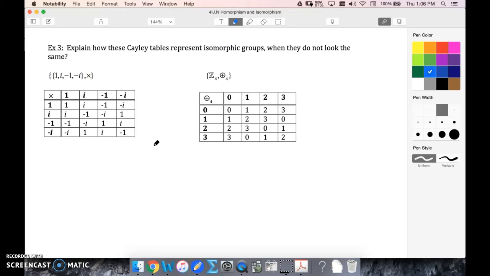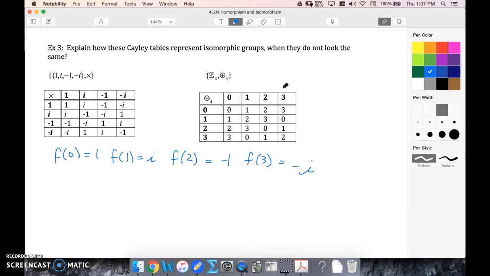I could also talk about the function. I've got to have some sort of function that's going to map these to each other. Yeah? So there is a bijective function. I could first just talk about how f of 0 would have to equal 1, f of 1 would have to equal i, f of 2 has to be -1, and f of 3 has to be -i.